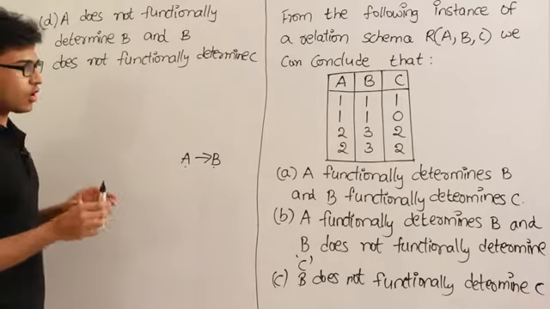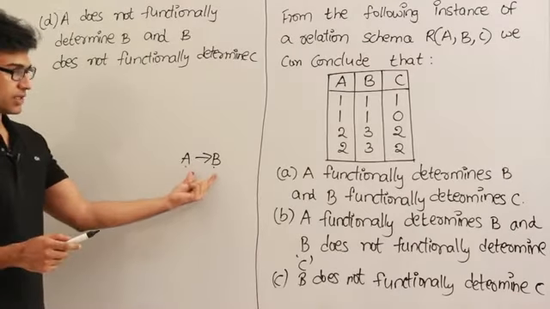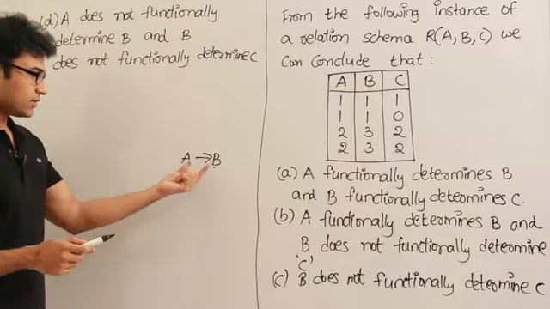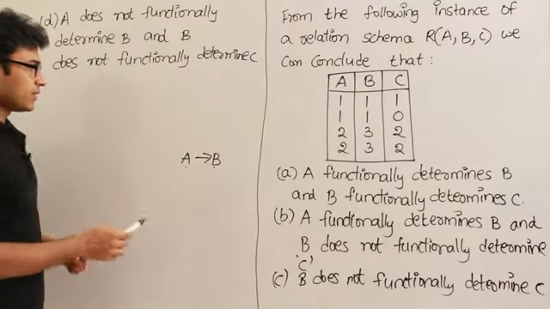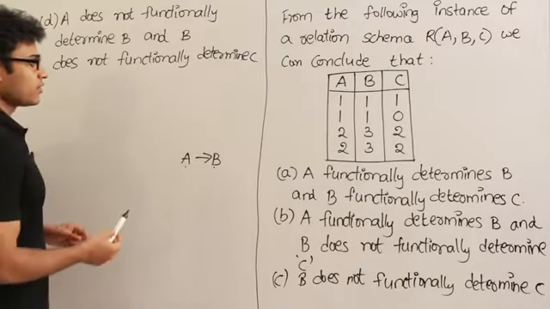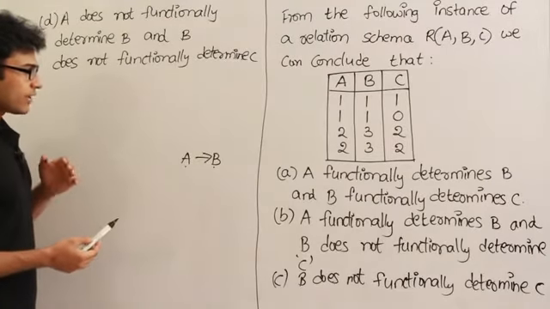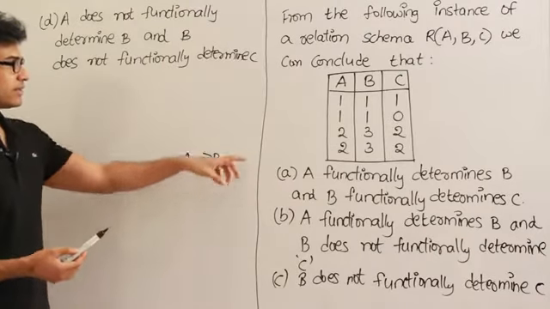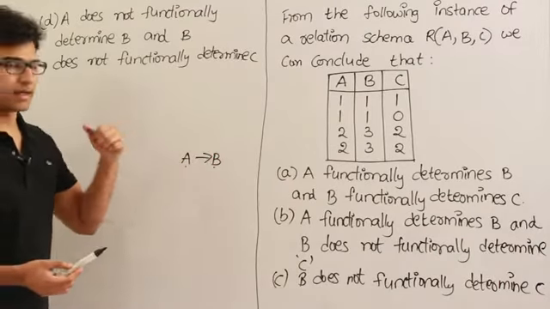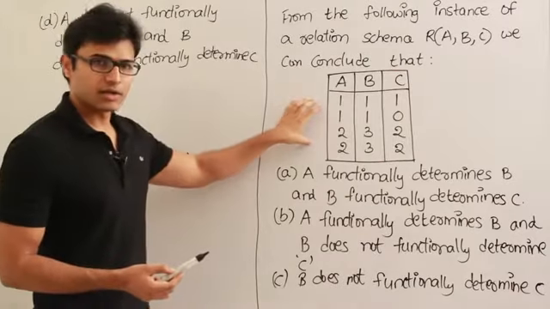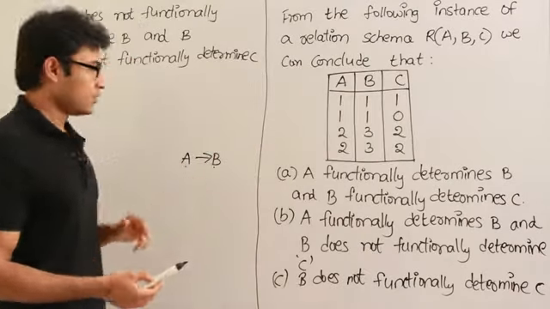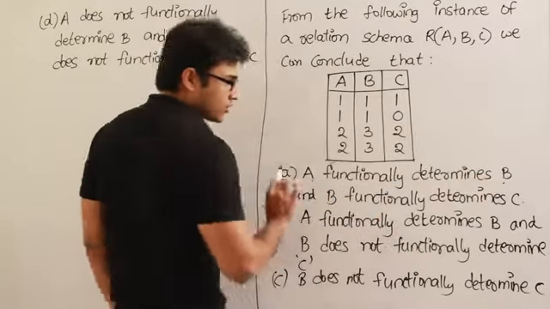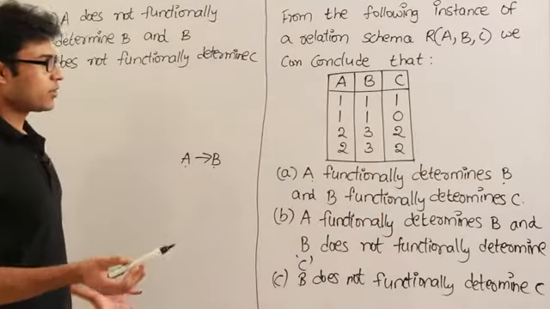As long as it is non-trivial, that is, there is no repetition, we can never be sure about any functional dependency unless we know the requirement analysis. By looking at the table, we should not say it. So we can never declare that A functionally determines B, because we cannot conclude it, right?